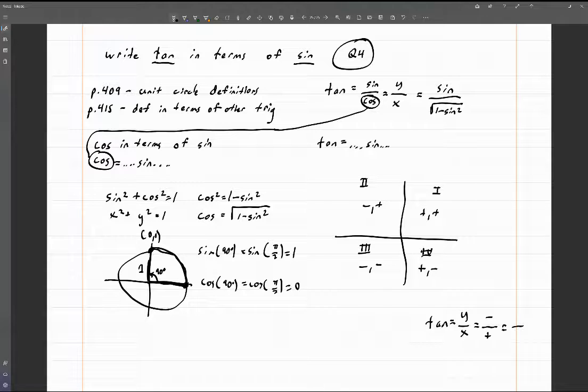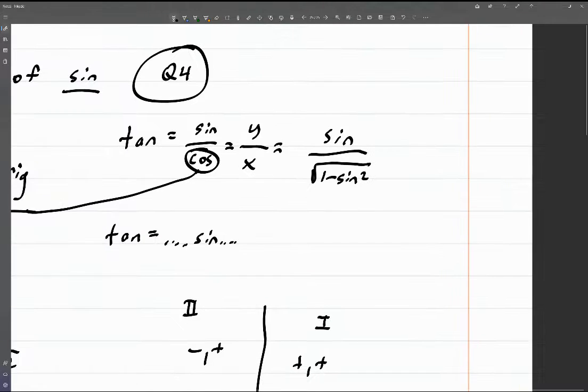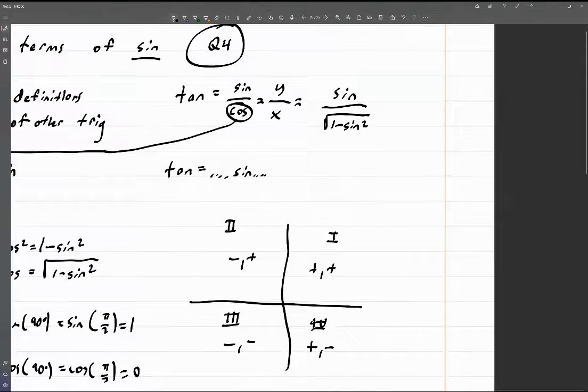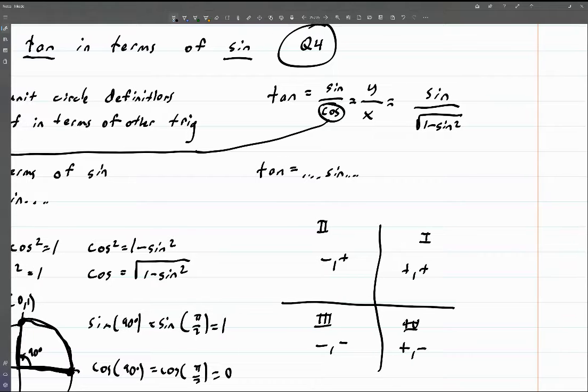So now what we need to do is look at adjusting our final result to make sure that it matches the quadrant that we're told this lives in. What I mean by that is, in quadrant 4, the output of the sine function is negative.